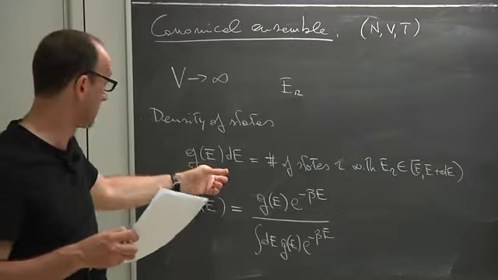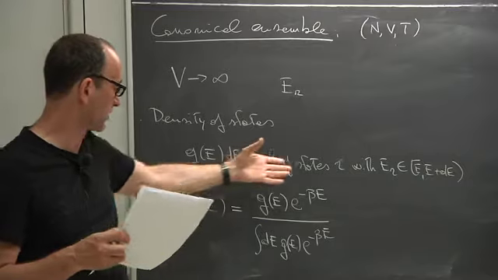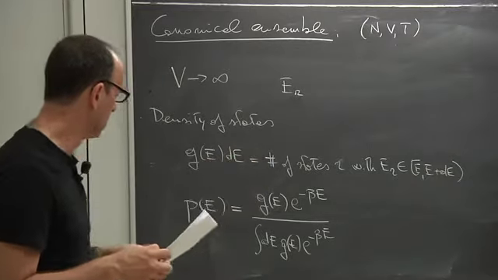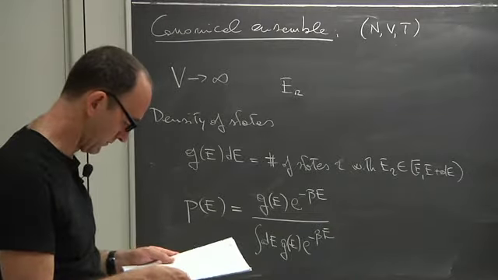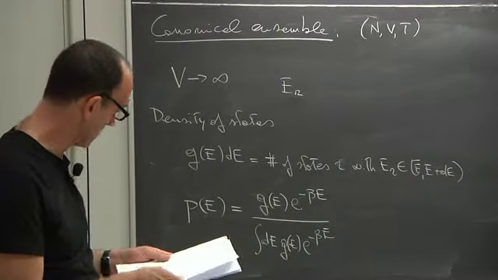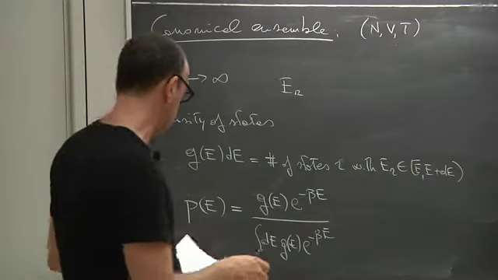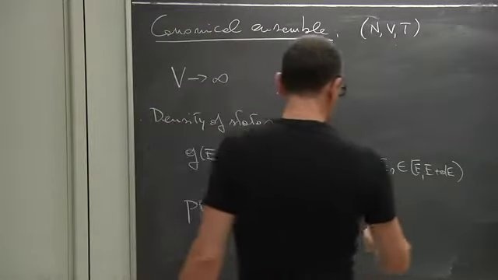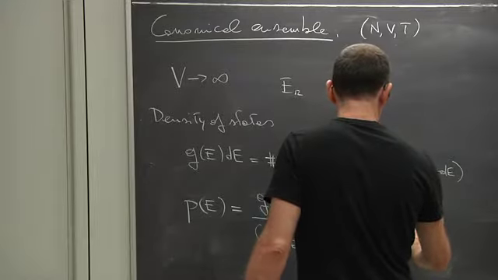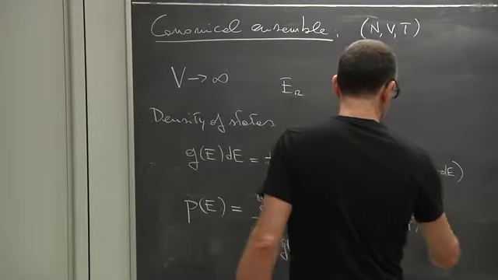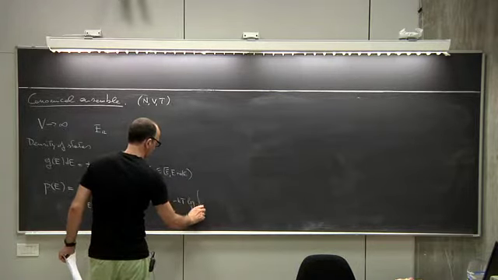It is exactly the number of states which have energy E, or energy in a small range around E. So the other thing is that the Helmholtz free energy in this case is minus kT times the log of this integral.